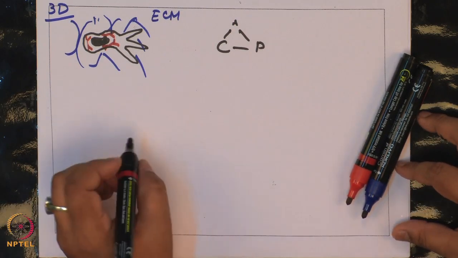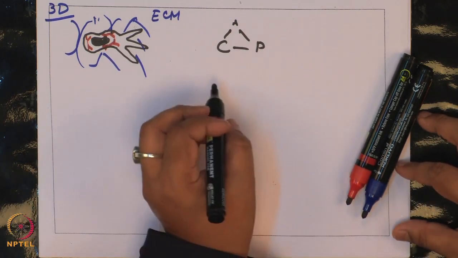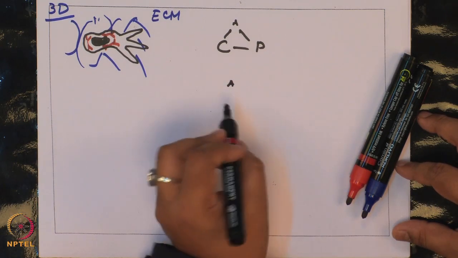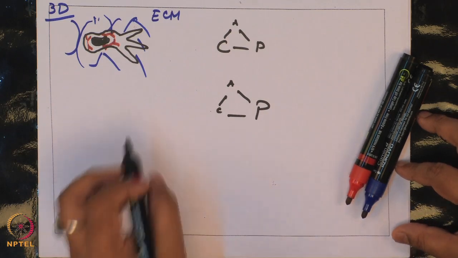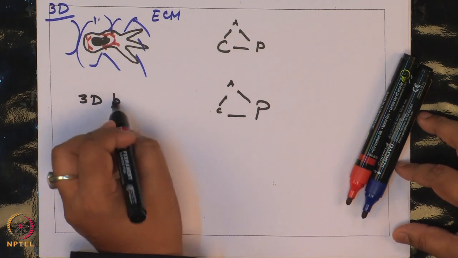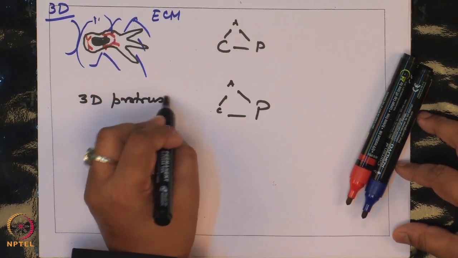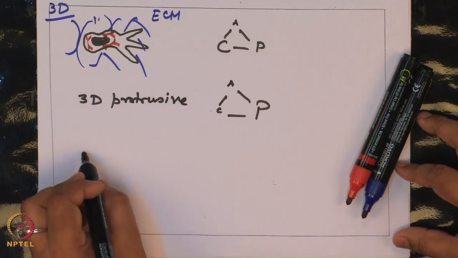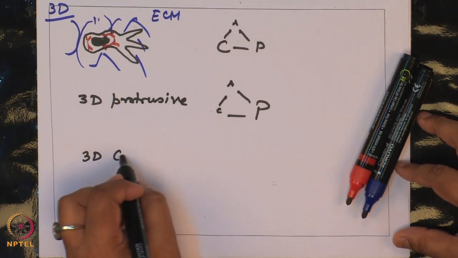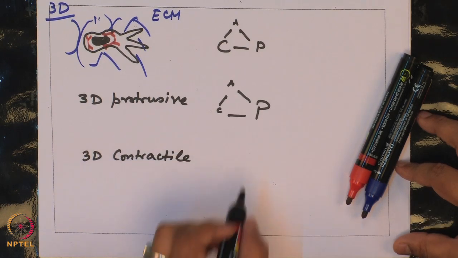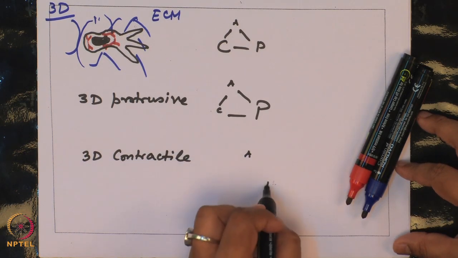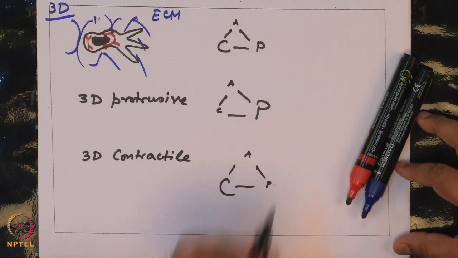You can have another type of migration where your adhesion and contractility are small and protrusion is large. So, this is 3D protrusive. And the third mode is 3D contractile. In 3D contractile, your adhesion and protrusion are small and contractility is large.